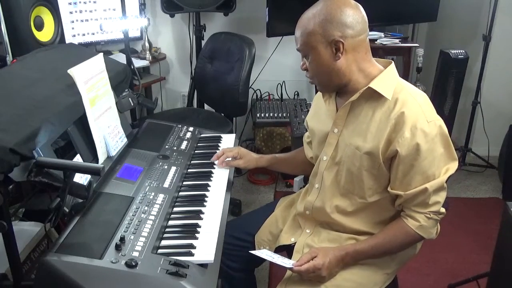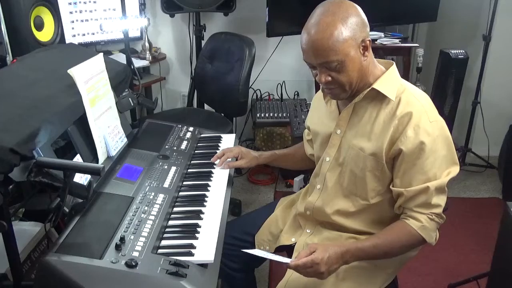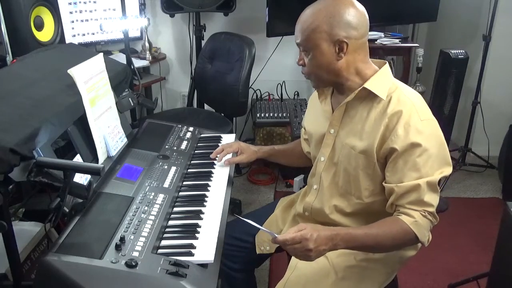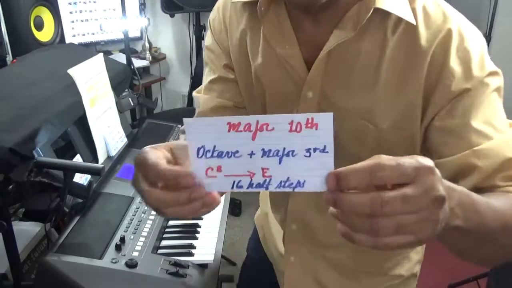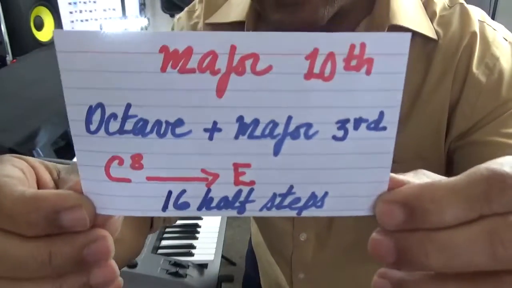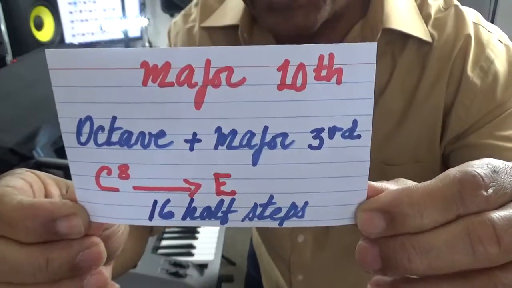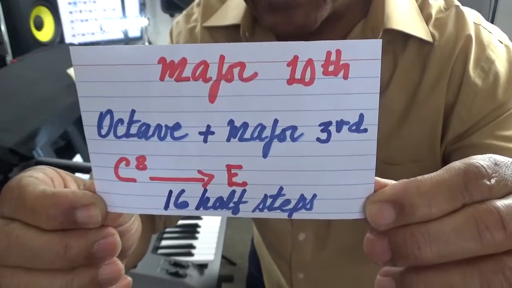So now C to E flat. Did I show you? Yeah, I showed you. This is a major 10. Let me show you just in case I did not. This is a major 10th. 7 plus 3.